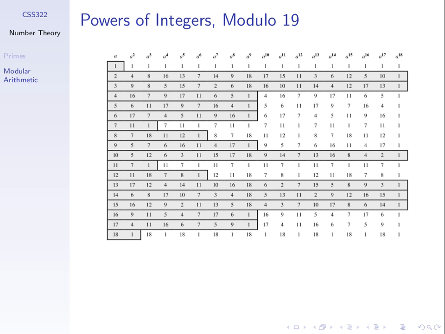2 cubed mod 19 is 8. 2 to the power of 4 mod 19 is 16. 2 to the power of 5 mod 19. So 32 mod 19 is 13. 64 mod 19 is 7. We keep going. 2 to the power of 18 mod 19 is 1. Look at this row. The numbers are distinct. They're all different.